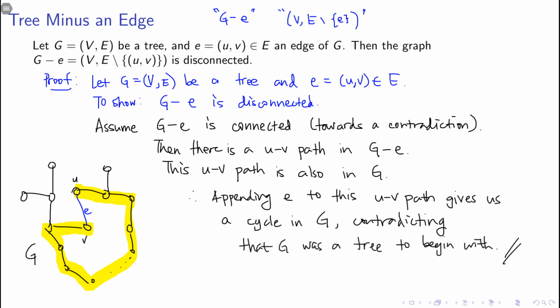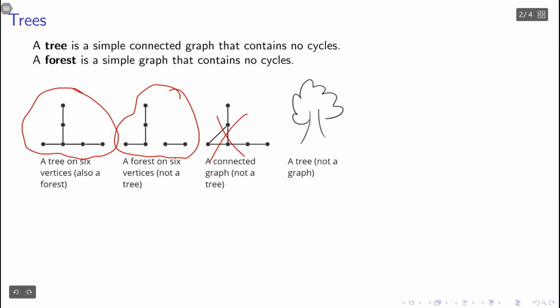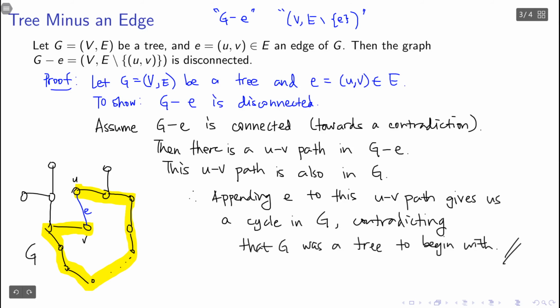Right, so that's nice. That tells us, okay, well, given any tree, remove an edge, it will always be disconnected. And in a sense, what this tells us is that trees are the minimally connected graphs. Minimally connected.